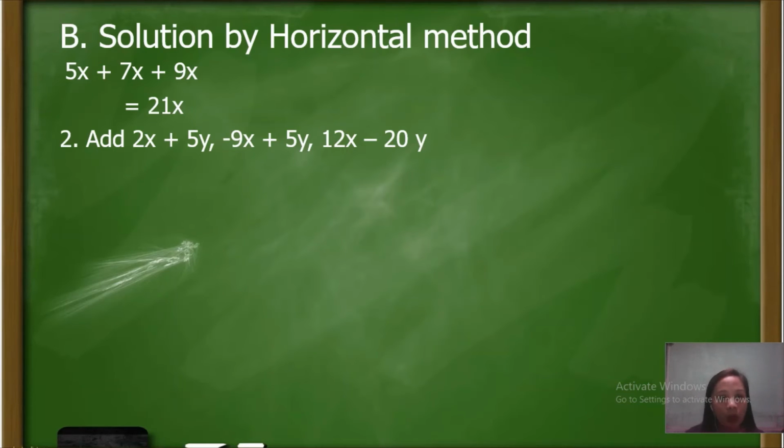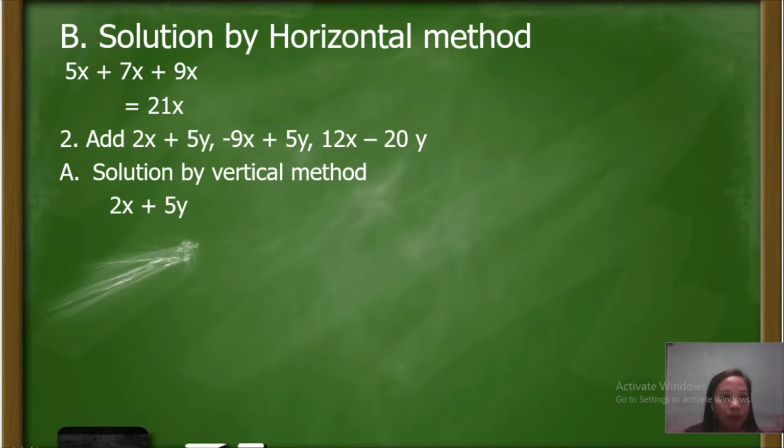So, we're going to first use the vertical method. So, copy 2x plus 5y plus negative 9x plus 5y plus 12x minus 20y. So, combine first the terms that are having a variable of x.